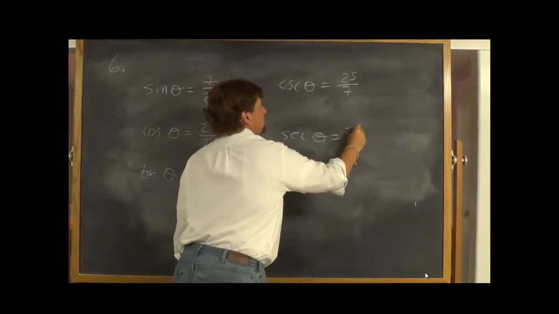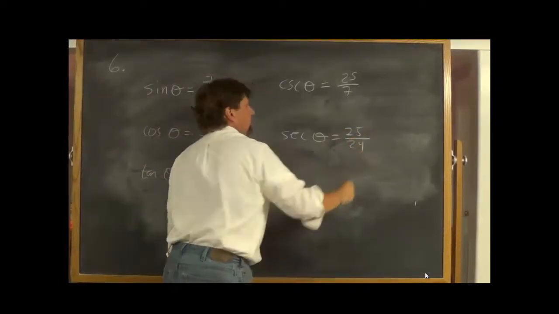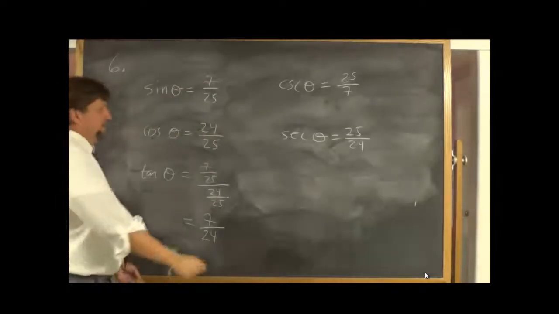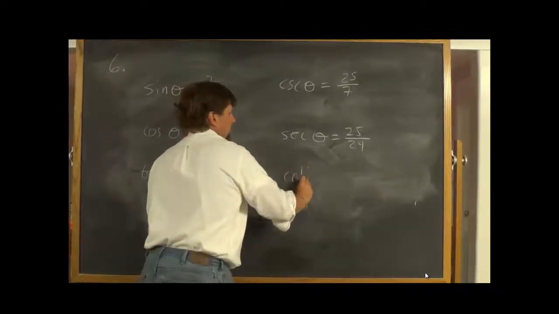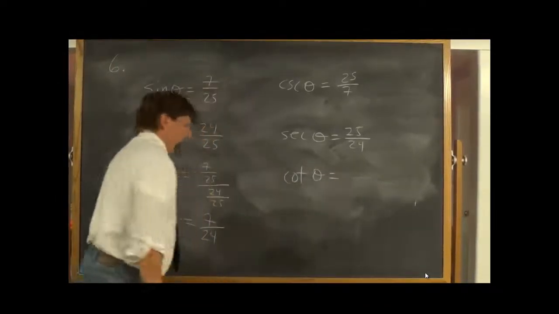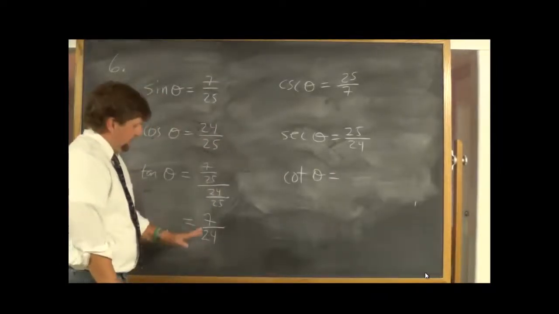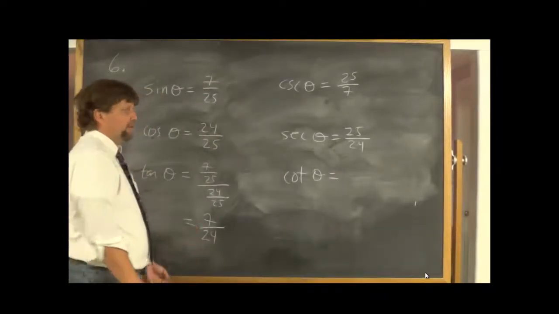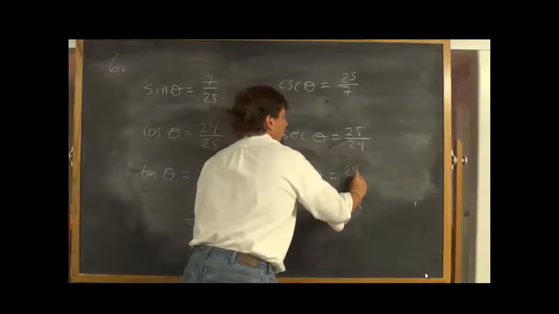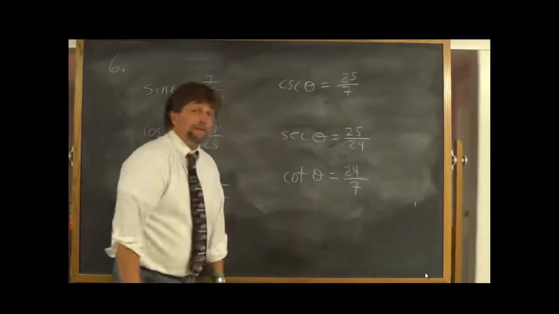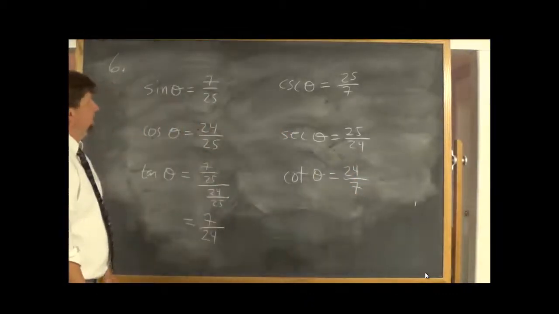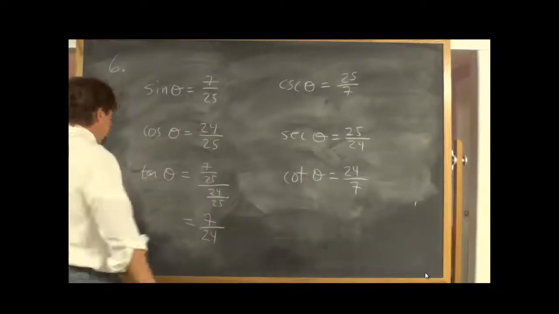So secant is 25 over 24. And then finally, for cotangent, you just simply need to take the reciprocal of tangent. So the reciprocal of 7 over 24 is 24 over 7. And that's all there is to number 6.